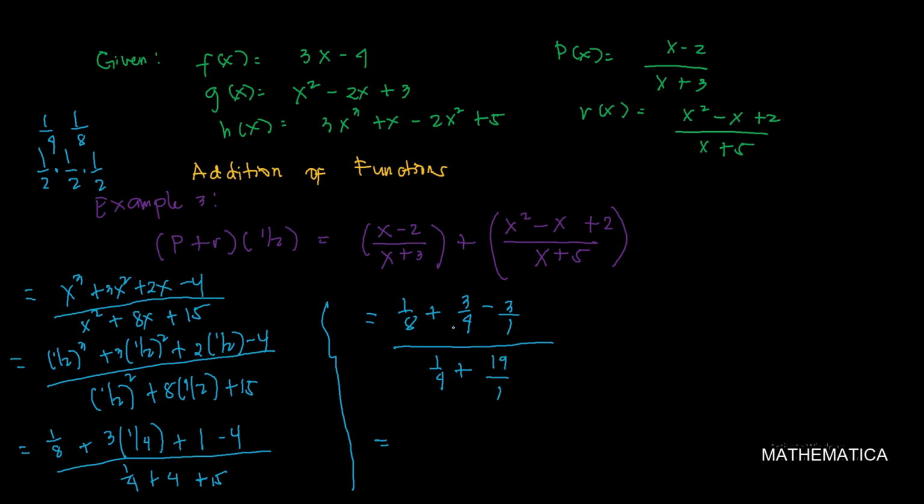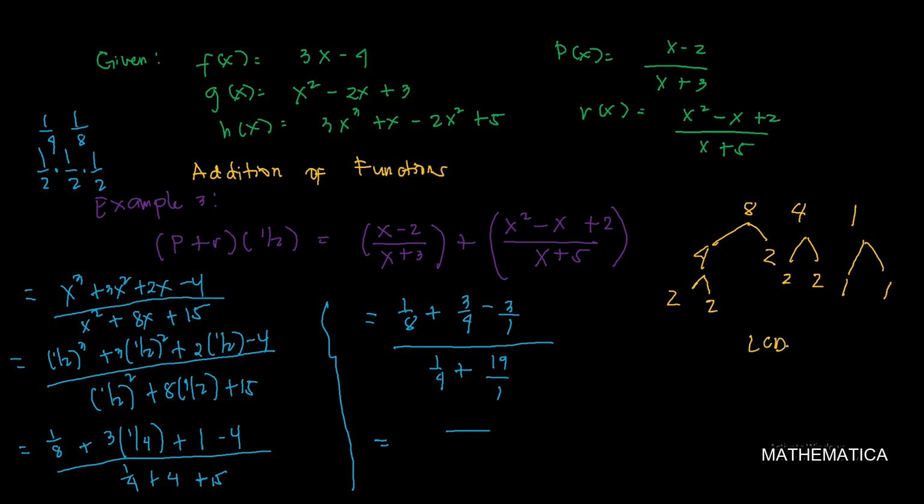Ano magiging LCD ng ating numerator? So, para malaman ng LCD, pwede tayong gumamit ng prime factorization method. Meron tayong denominator na 8, 4, and 1. So, ano ba ang multiple ng 8? So, we have 4 multiplied by 2, and then 2 multiplied by 2. Sa 4 naman, meron tayong 2 multiplied by 2, and yung 1, meron tayong 1 multiplied by 1.